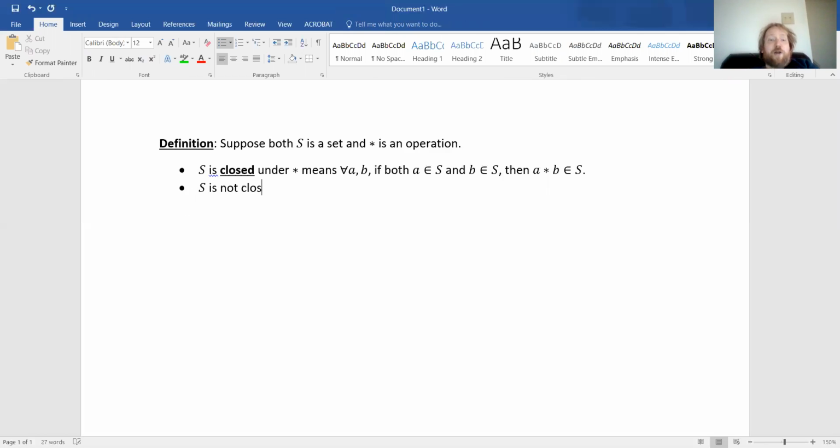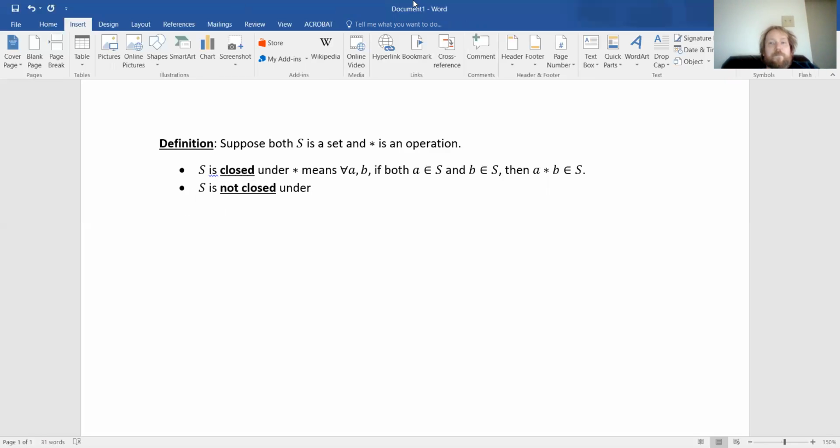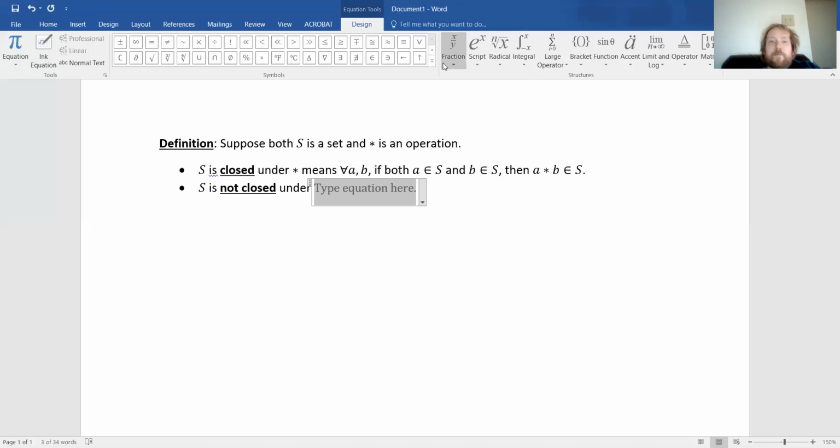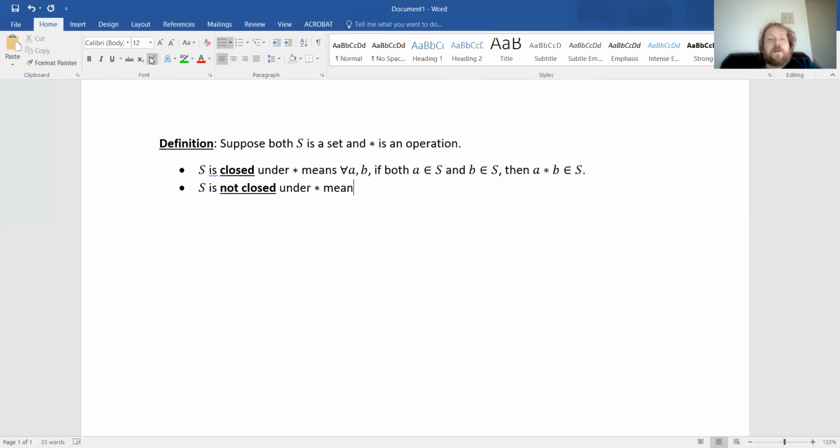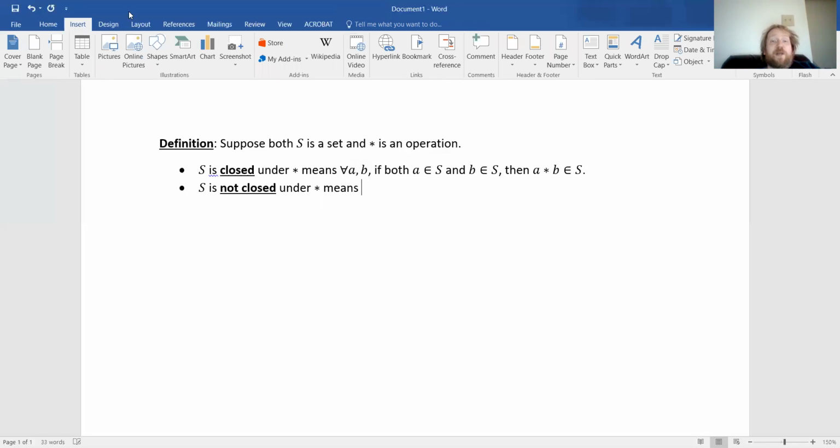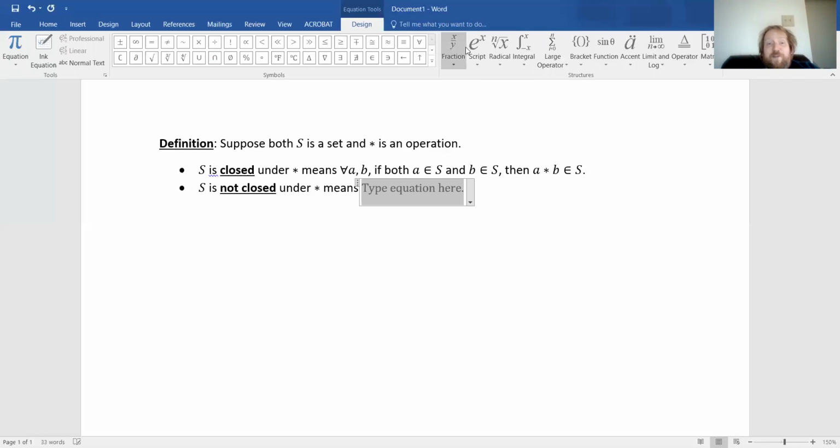S is not closed under star. Well, we have a for all statement, so we know from foundations, when we negate a for all statement, it becomes there exists.